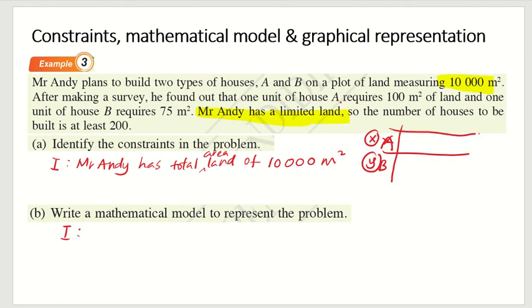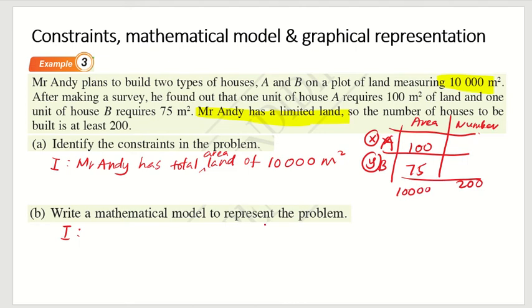Then the first one requests how much area of land. Area for A is 100 meters square. Area for B is 75 meters square. Then after this, what else is mentioned? The numbers. The number of houses to be built is at least 200. Okay, number of houses at least 200.